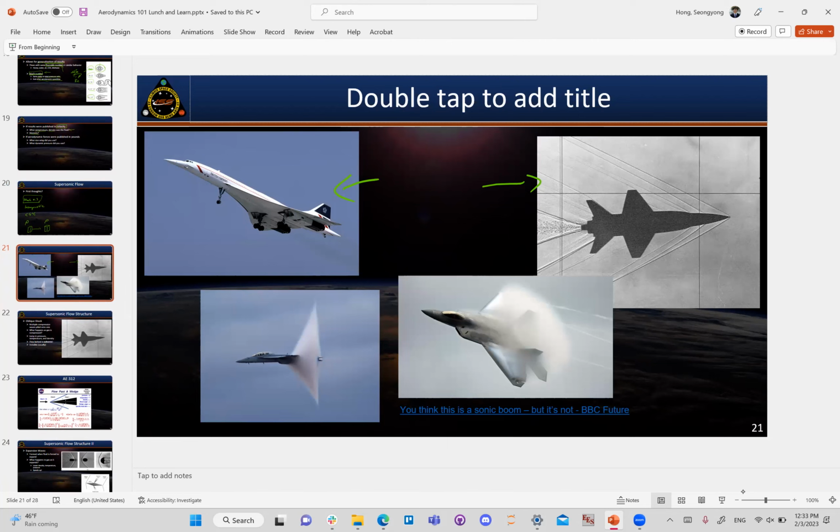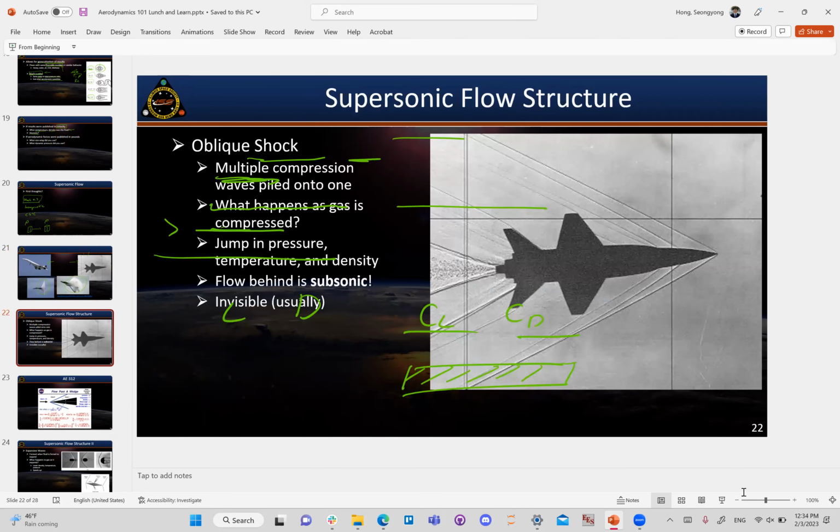So it allows you to see these lines, which represent the fluid structures that form in supersonic flow. I'm going to talk about that. And there are those clouds that people usually think are breaking the sound barrier, but it actually isn't. I'll get into it.